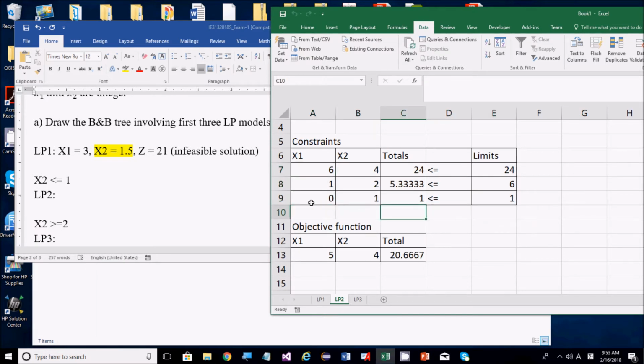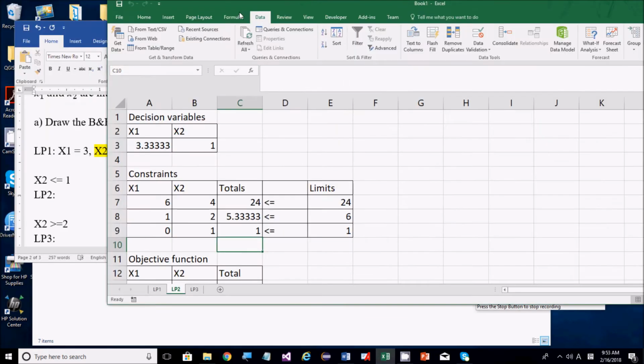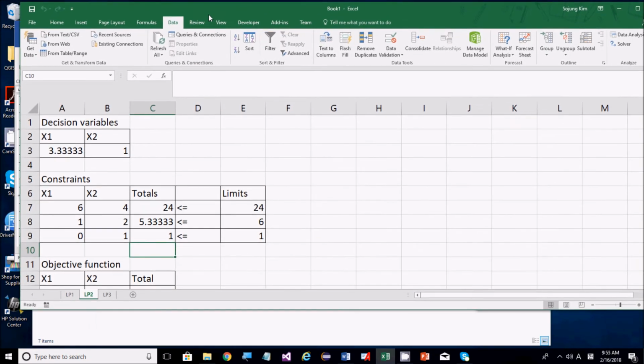And next we add one more constraint in LP2: x2 is less than or equal to 1, right? And if you have this constraint, then you can get this solution.